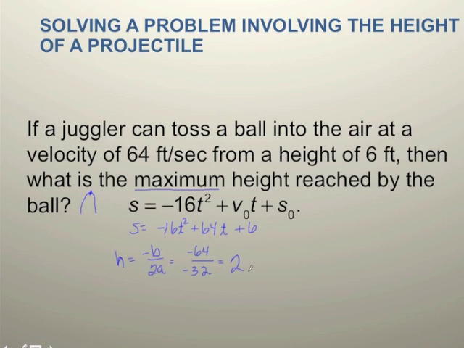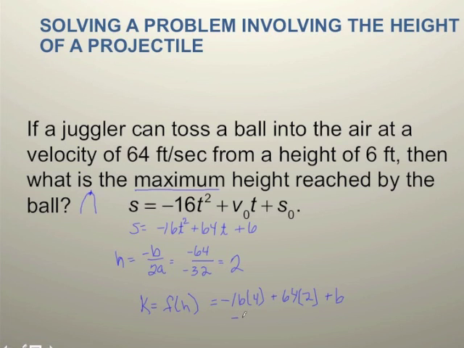Now what is the maximum height? I want to find k, because k is my height. So I know that k equals f of h. If I fill in 2 in this equation, I will get k. So I'll have negative 16 times 4 plus 64 times 2 plus 6.